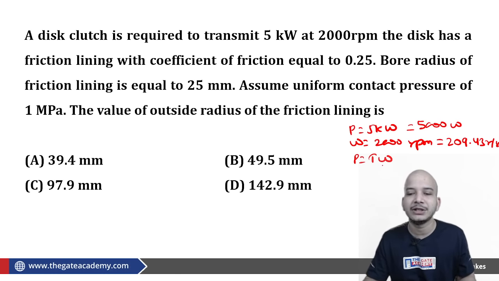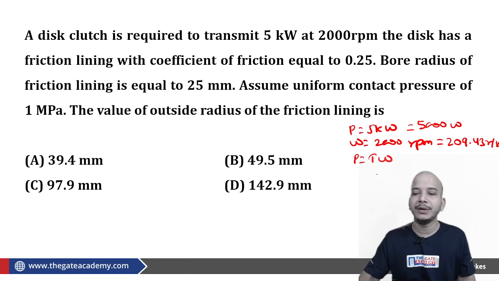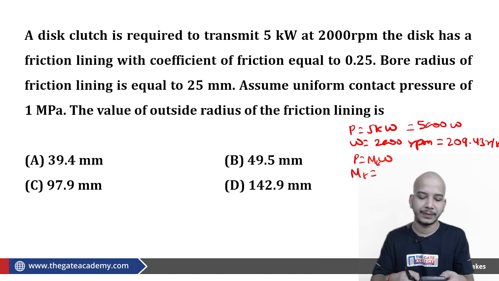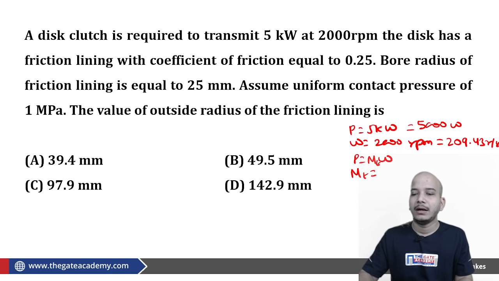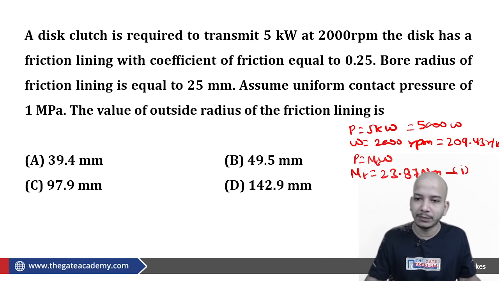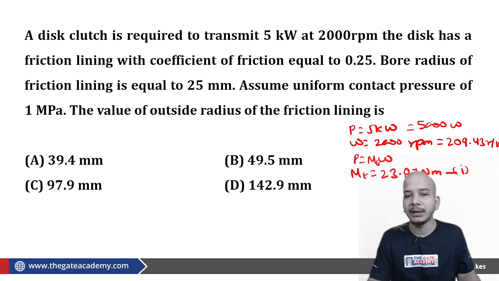As for translation it is force into velocity, for rotation it is torque into omega. From here you can calculate the value of torque, Mt. So this Mt will be equal to 5000 divided by angular velocity, which will come out to be 23.87 Newton meter. So this is our first detail which we have got from the data available at the top.